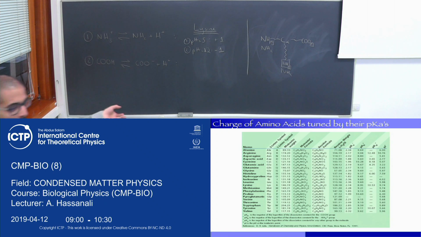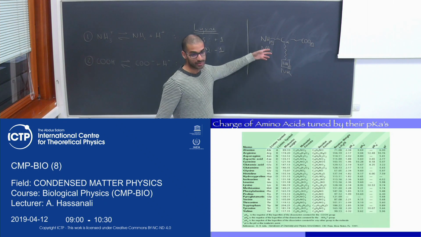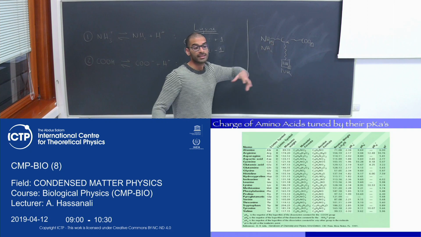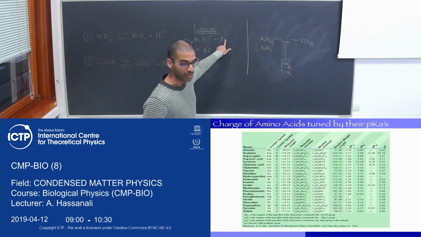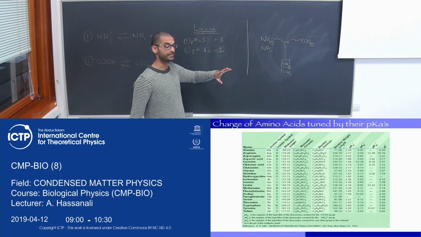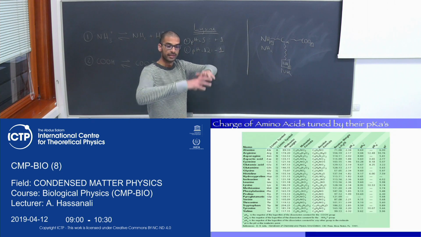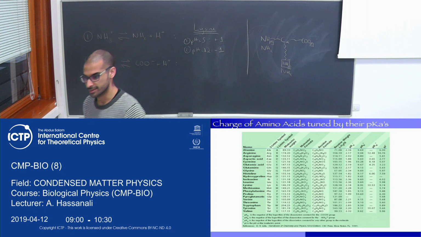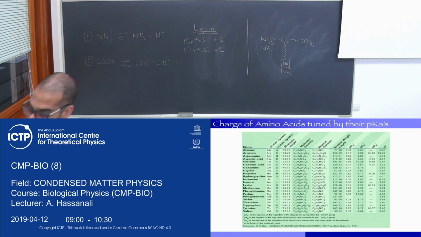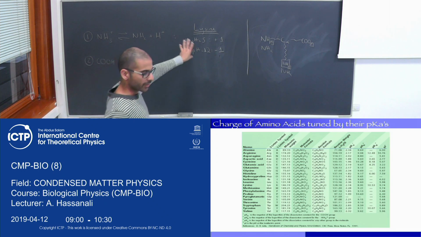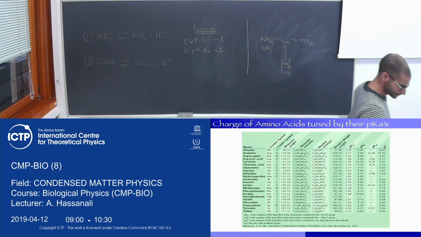So what typically happens in many biological systems, if I have a net charge, there's going to be a counter ion. For example, in this case, I have a +1, so it's very likely that I would have a negative ion, like a chloride ion, to neutralize my object. If I had a -1, it's very likely that I'd have a potassium ion or a sodium ion to create a charge neutral object.